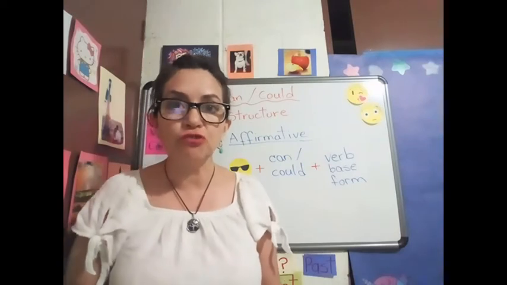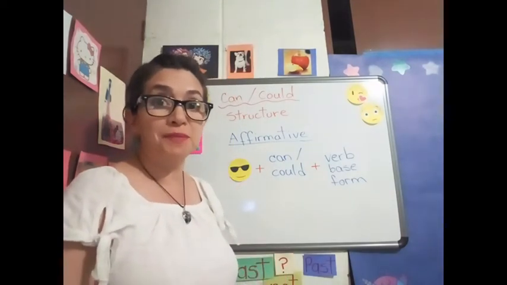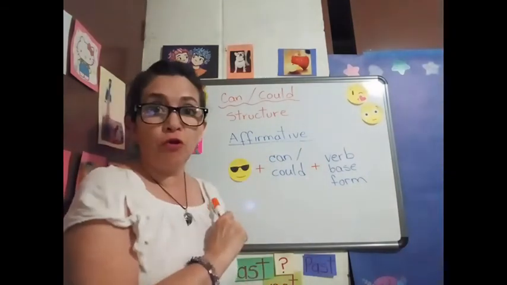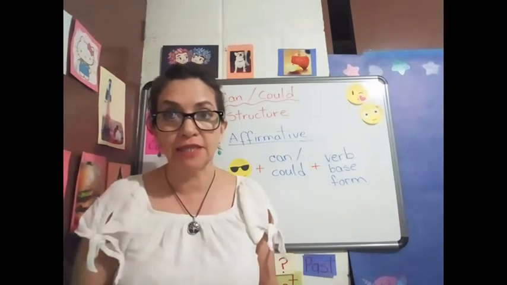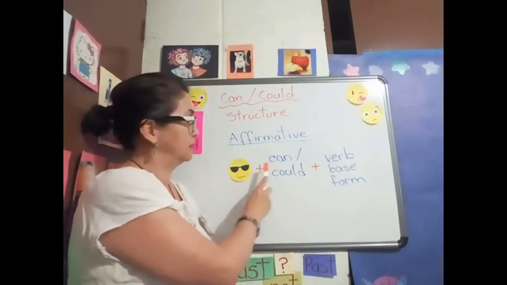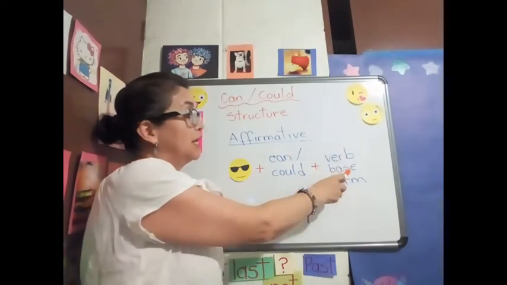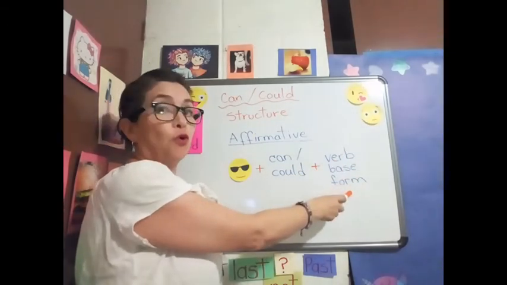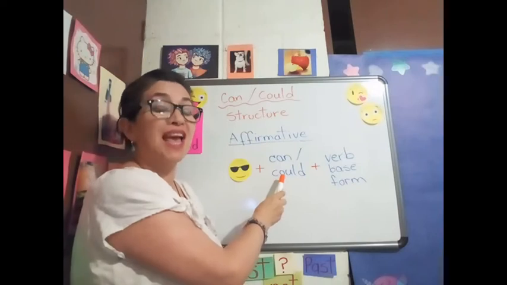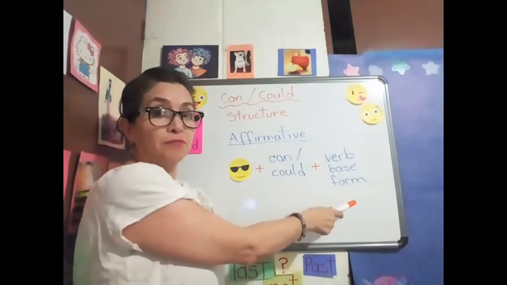Let's see now the structure of the sentences with modal verbs can or could. For the affirmative sentences, we use the subject, then can or could, and then our verb in base form. Remember, can and could are modal verbs, auxiliary verbs for another main verb.